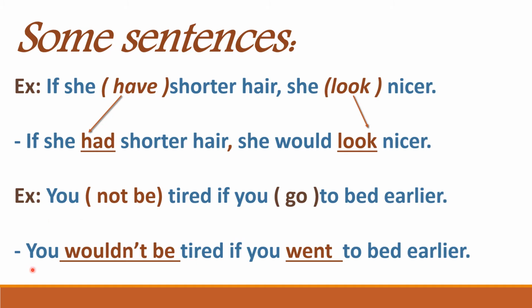After the subject directly we put the modal verb would, but here we have not, and we write not after the modal verb directly. Then after the modal verb we have the infinitive. Here there is be, and we write the infinitive be as it is. That is the same: you wouldn't be tired, meaning you would not be tired.